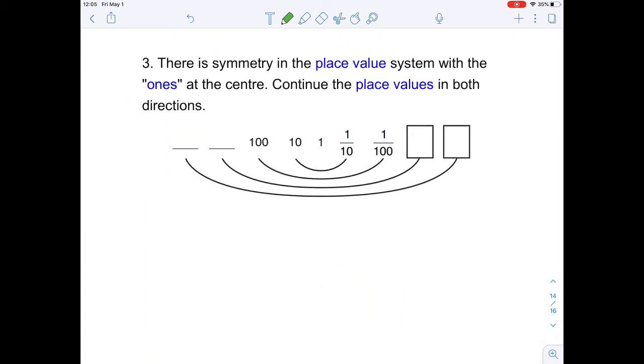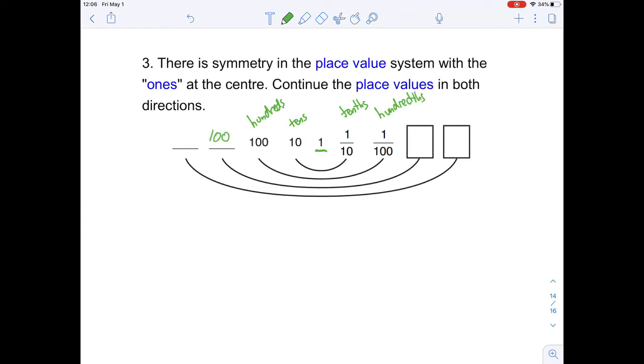And notice that there's symmetry. If 1 is in the middle, the ones place, here we have the tens. Just to the left and just to the right, we have the tenths. 2 places to the left of the ones, we have the hundreds place value, and 2 to the right, we have the hundredths, with a TH.